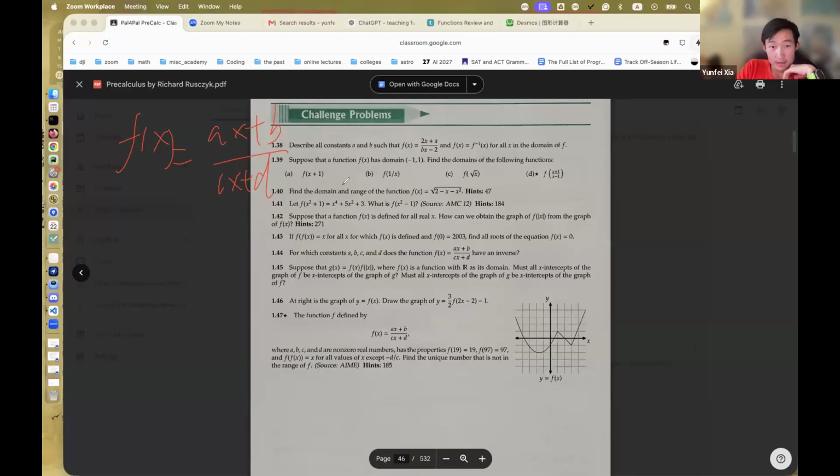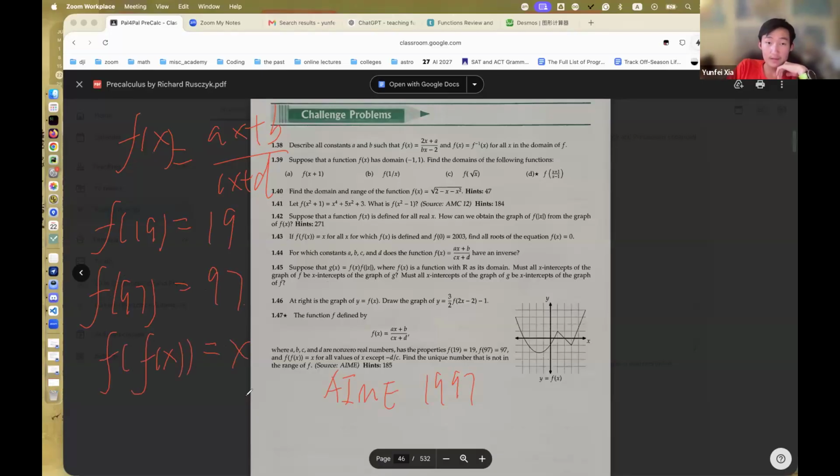So if you have this, you're also given that f of 19 happens to be equal to 19 and f of 97 is equal to 97. And quite obviously, this problem is from AMC 1997. And also f of f of x is equal to x.